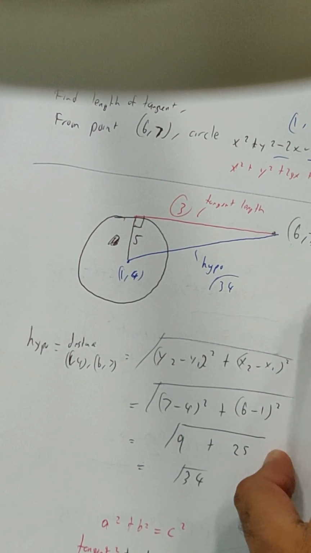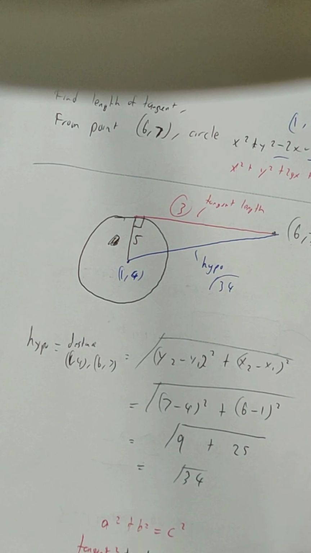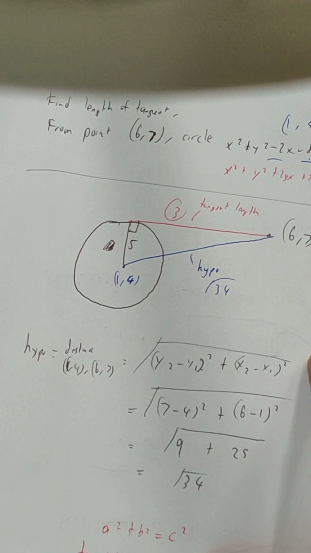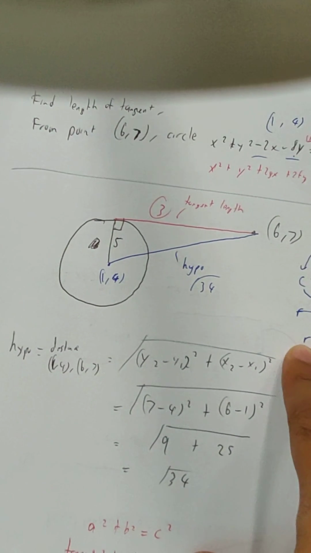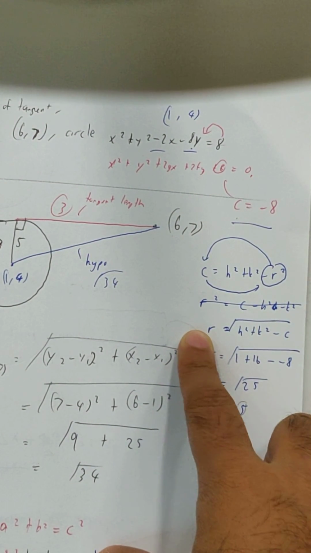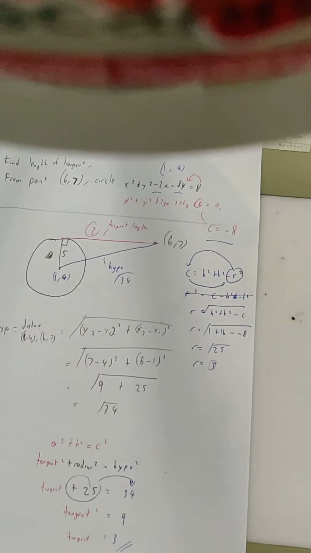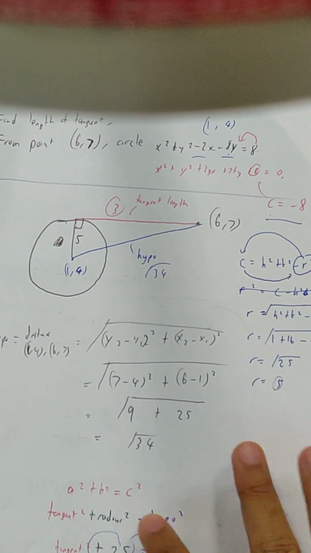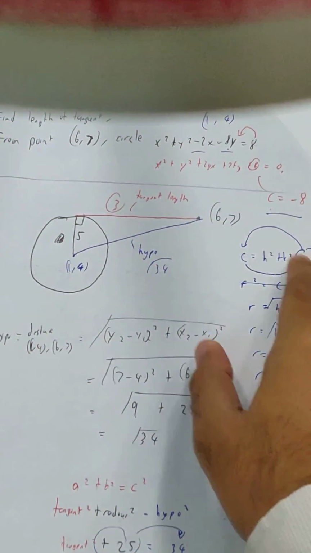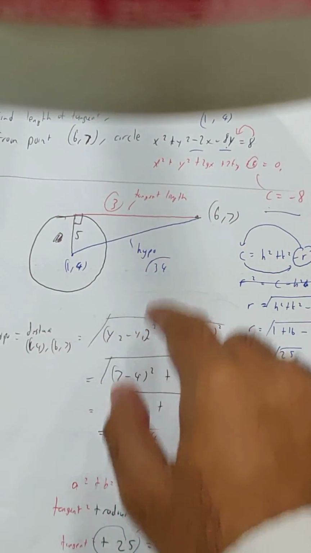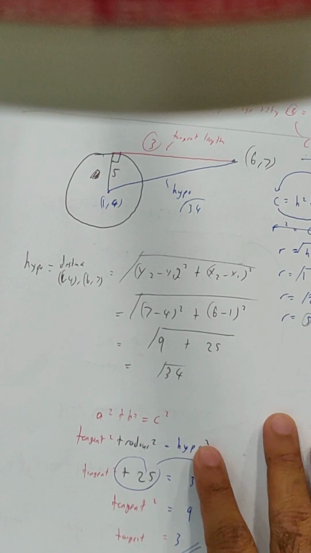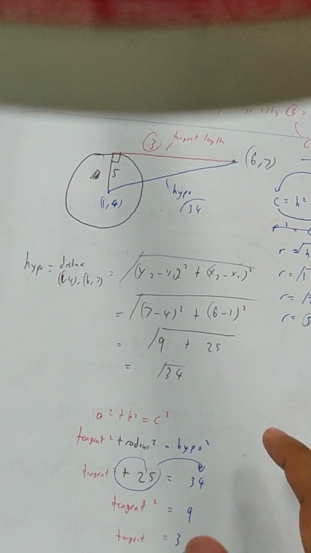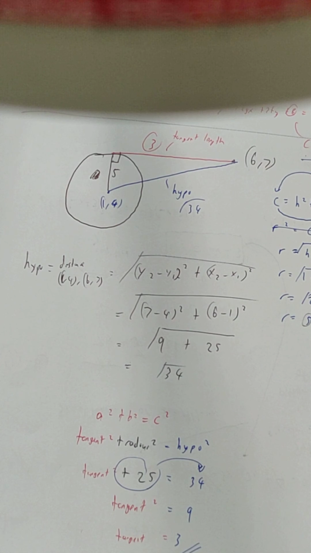Either you memorize c equals to h squared plus k squared minus r squared, or you memorize this one, which actually is derivation. You just need to rearrange them. Which one should you memorize? Depends on you. Which one you think you're comfortable with. And by getting the idea, I put it here, I put it here. Then I use Pythagoras theorem. Then I can get the answers. Okay, get the concepts. Not the calculation is good, but get the concept first. Get the idea.